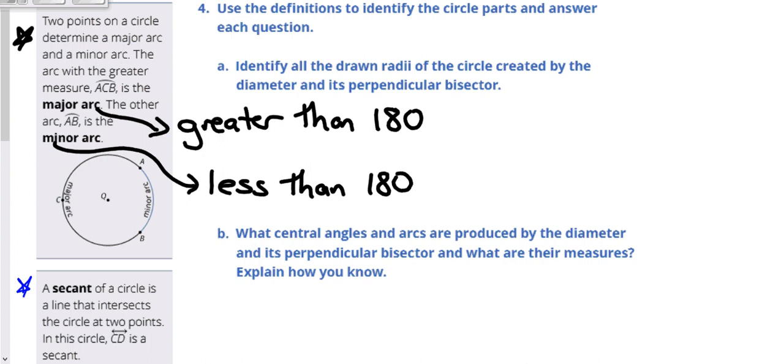And so you can have a major arc and a minor arc be complements of each other like they are in this situation, where you have the major arc right here, and that's major arc ACD, that was mentioned right there. And then you have the minor arc, which is its complement, which is this part right here, which is arc AB.